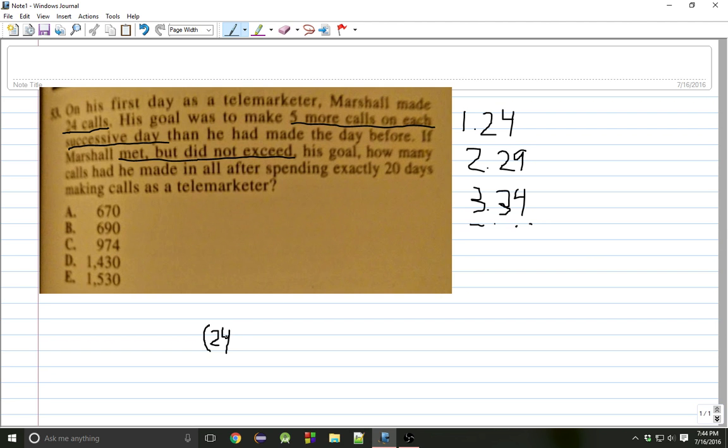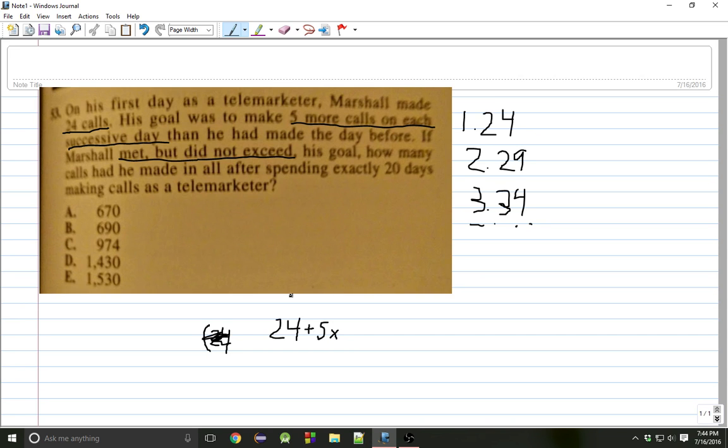For each number, it's 24 plus 5x. X could be 1, that would be for the second number. X could be 2 for the third number, 3 for the fourth number.